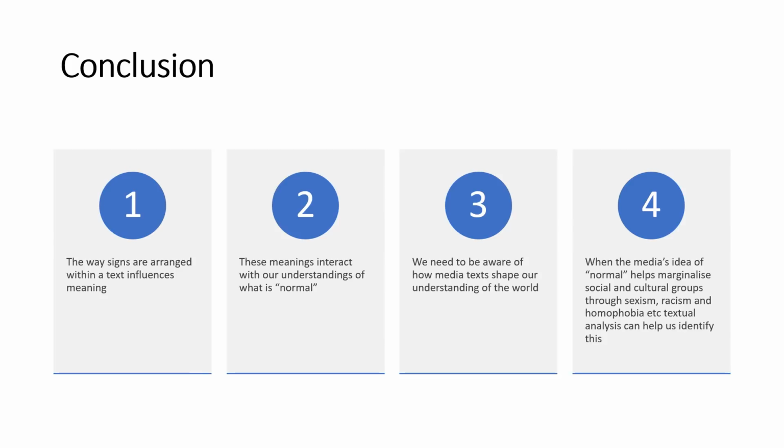So semiotic textual analysis can be used to critique the ethics and the social responsibility of the media in quite powerful ways. And that's what we're going to be working on and developing over the coming weeks, and also into the second part of the course.